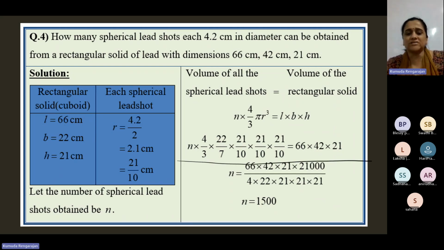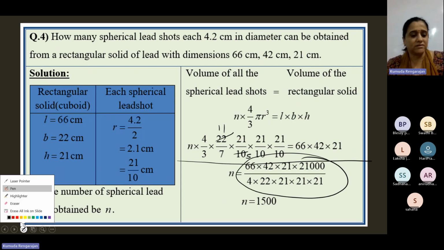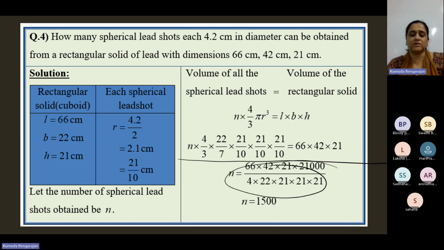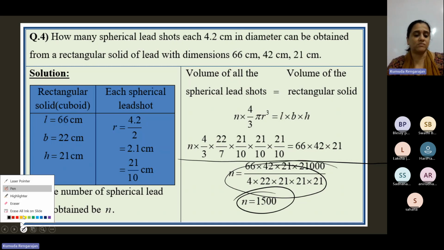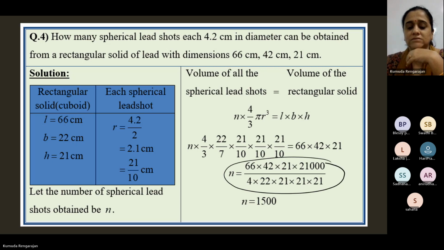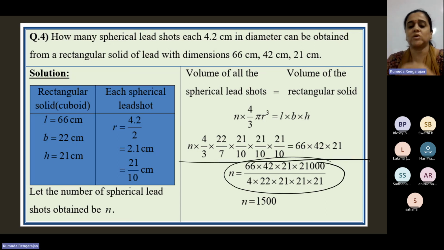Then after this calculating, maybe you have cancelled 2 11s or 2 5s, so this step might not match. Till the substitution part. After this, calculation will differ. And the final answer should be the same for all of us. Check till here and then calculate by yourself.